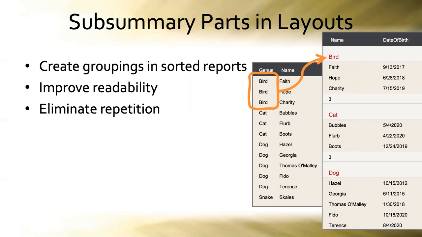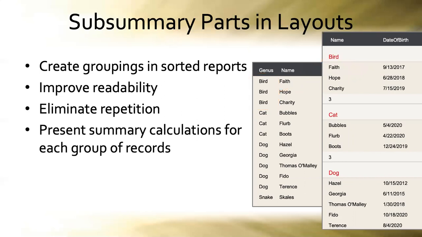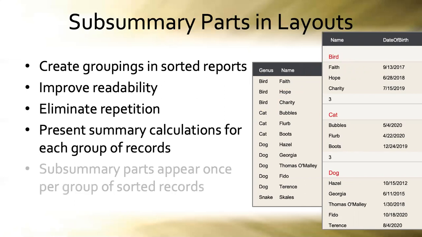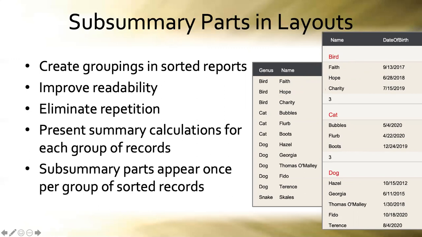And likewise, normal fields that we place in trailing subsummary parts display the value from the last record in the group. All right, so we see that and we can also present summary calculations for each group of records. For example, we can create a trailing subsummary part.